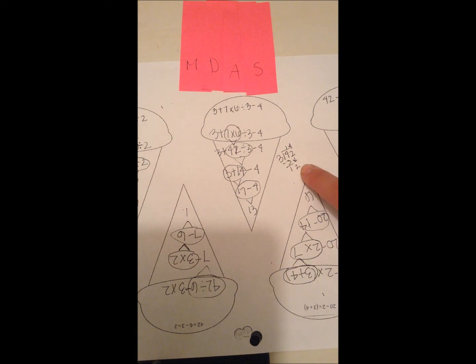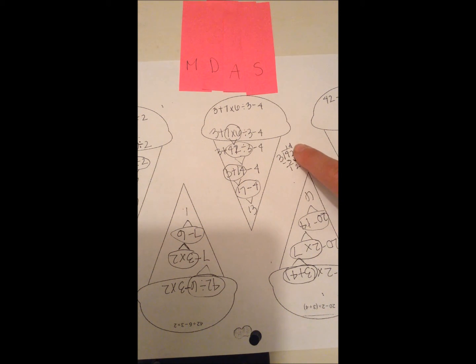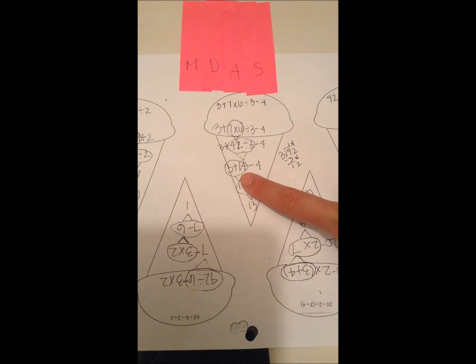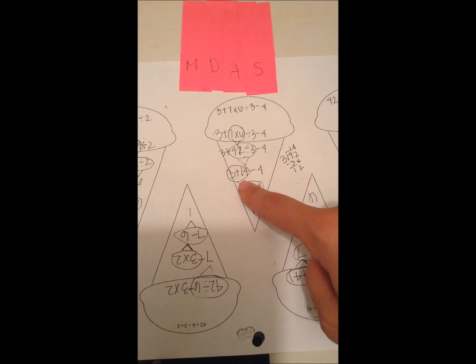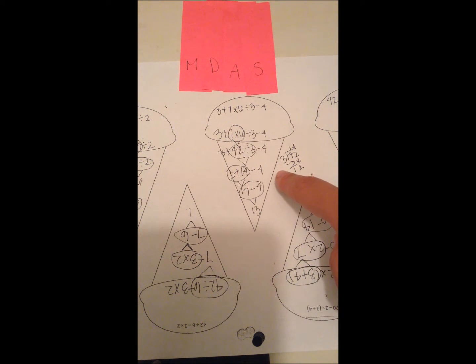Now I came over here and did some quick long division because I don't know 42 divided by 3 off the top of my head. So you can come over here and do that too. After I divided, I found out that 42 divided by 3 was 14. I wrote that down here, and again I rewrote everything else. So 3 plus 14 minus 4.